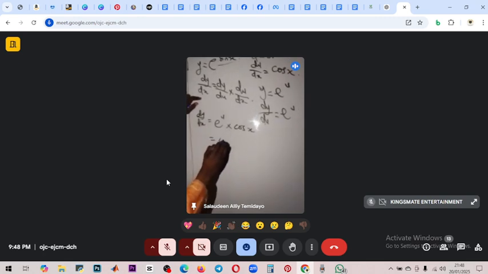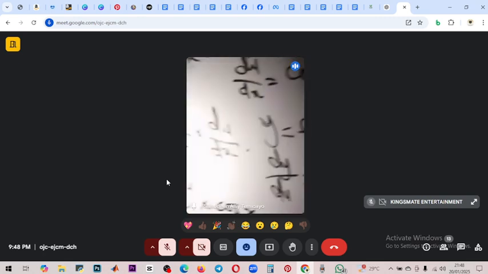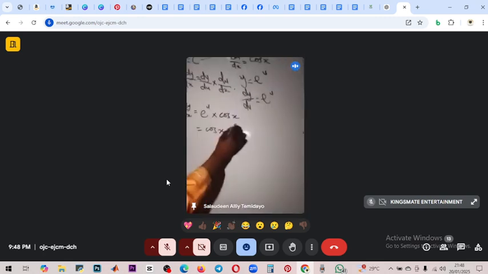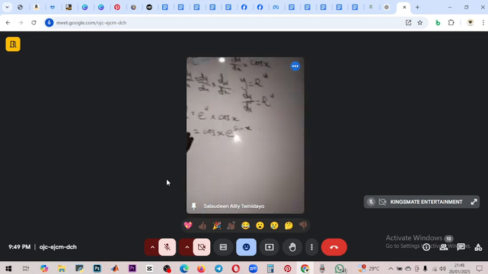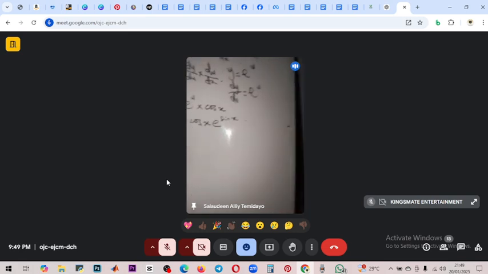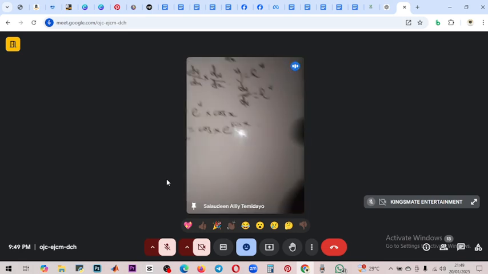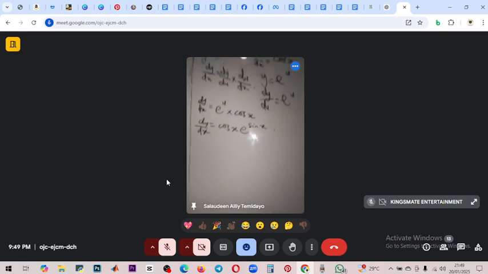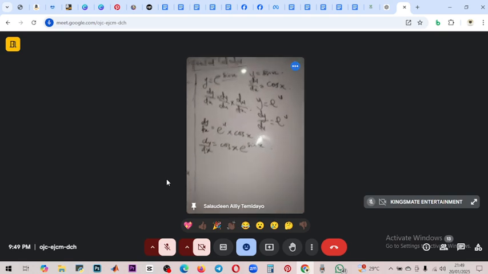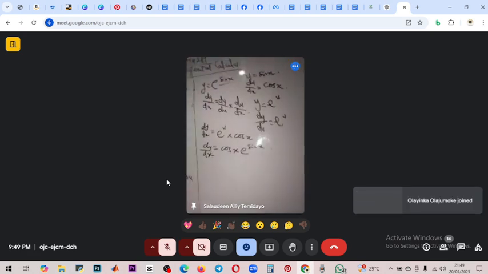That means it is cosine x times e raised to power sine x. This is a question that came in different people's theorems. Yes, this exact question, and this is the exact answer.